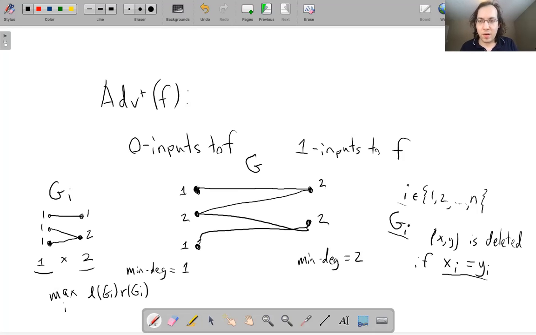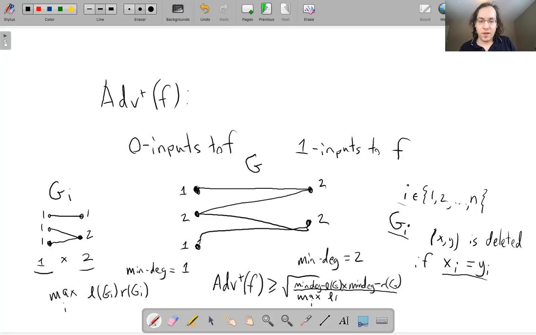And then the final lower bound on the adversary is going to be the square root of the min degree on the left of G times the min degree on the right side of G, divided by the max over i of L of G_i times R of G_i.